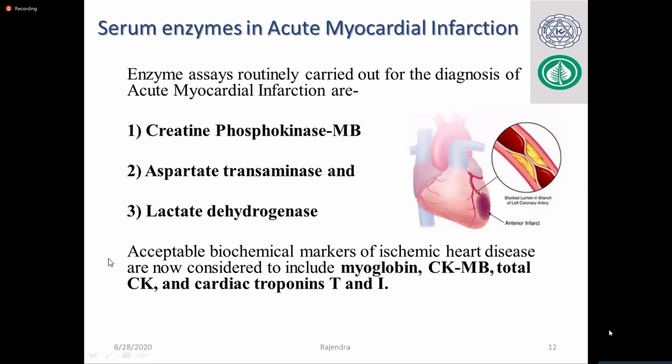You see here a block due to plaque formation of cholesterol, and that's why blood cannot flow. When there is an obstruction, there is a risk of damage to this tissue, and the damaged tissue releases these enzymes and proteins into the blood, and we measure them. When we obtain very high levels, that confirms the patient has some degree of myocardial infarction.